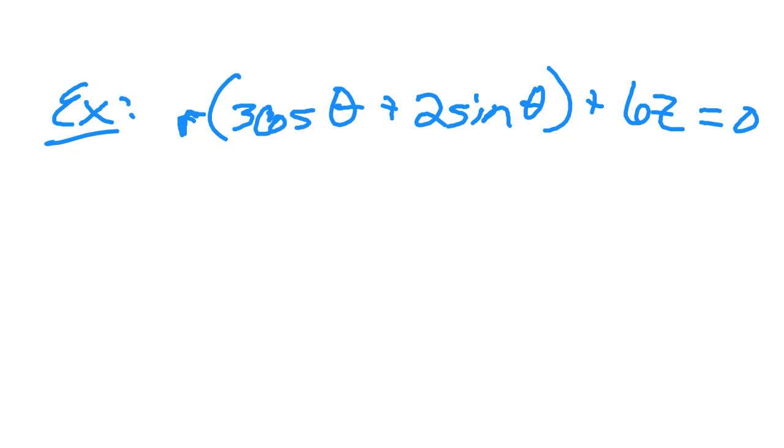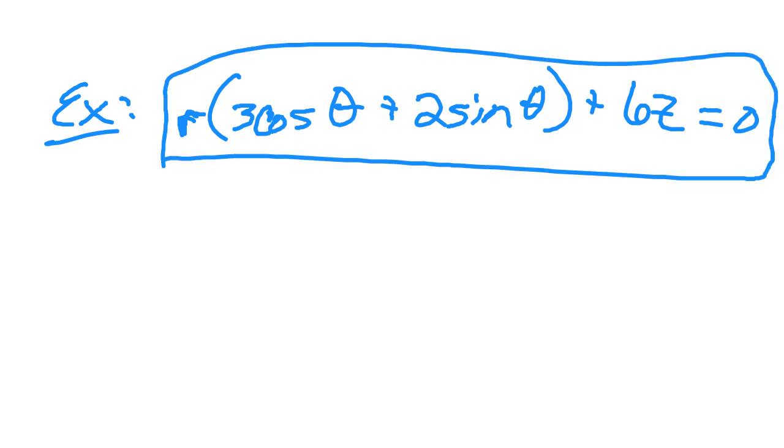How could I rewrite that? That's in cylindrical coordinates, right? Because it's got r, theta, and z. And so this should be fairly easy.